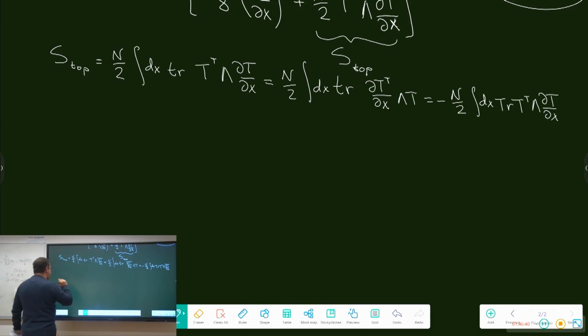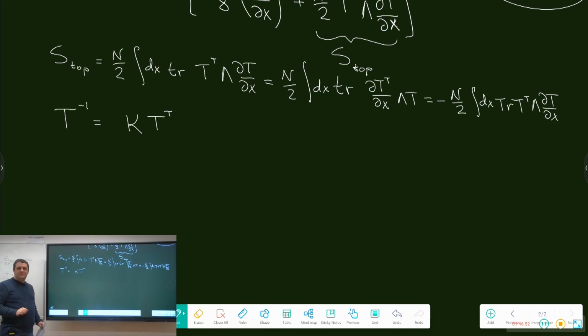But for this particular case, we should assume that T inverse equals T transposed up to multiplication by K. So when we transpose the Q matrix, T changes to T transposed, but we can add any gauge transformation, so Q matrix will not change, T will change.